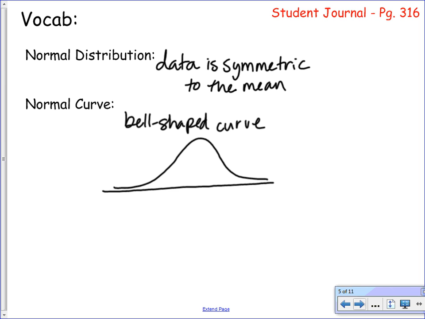So it looks bell-shaped, has a peak in the middle, sort of comes down to the horizontal axis on both sides. And if you want, you could label right there in the middle of that curve is your mean. Remember, the book uses that fancy M, mu, for mean.